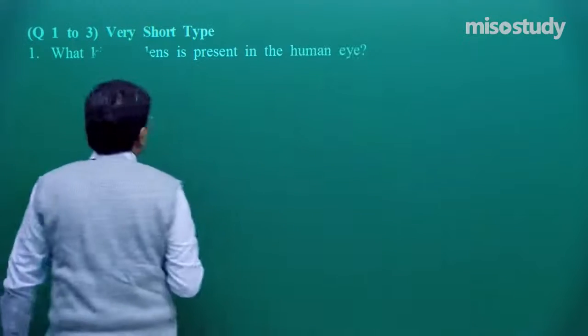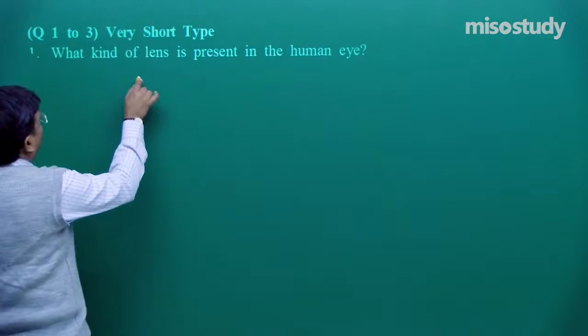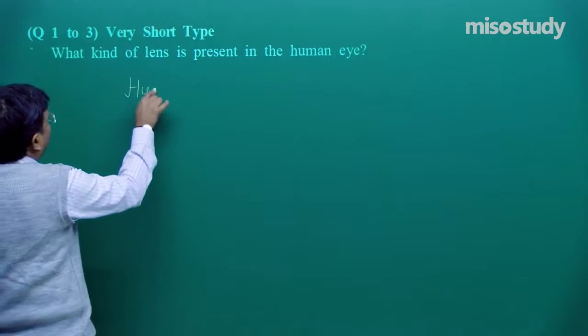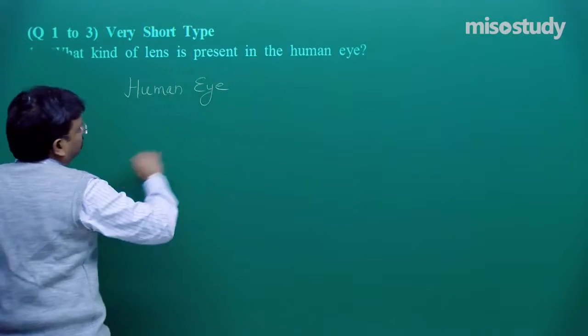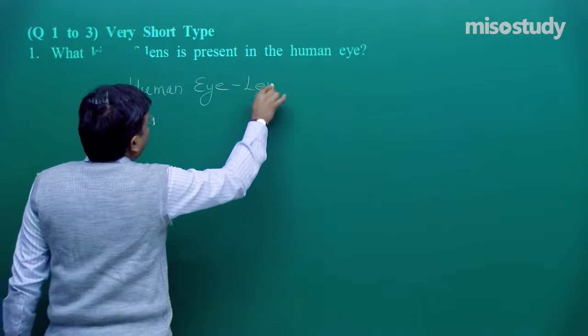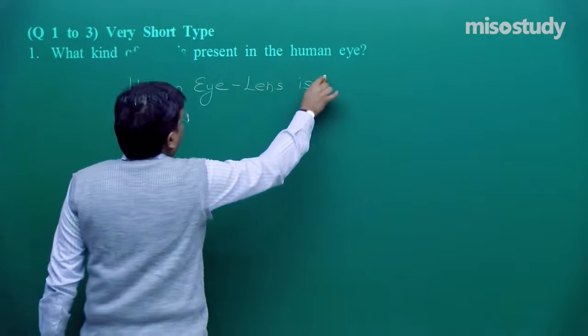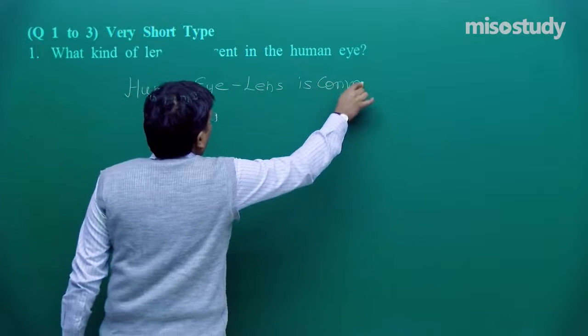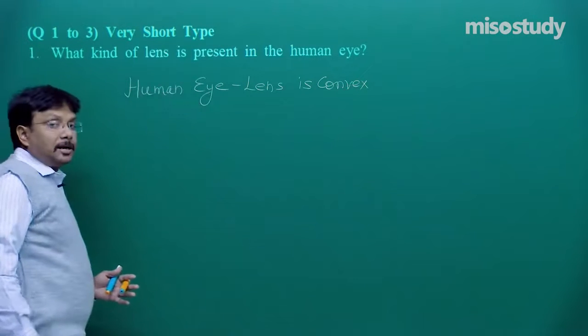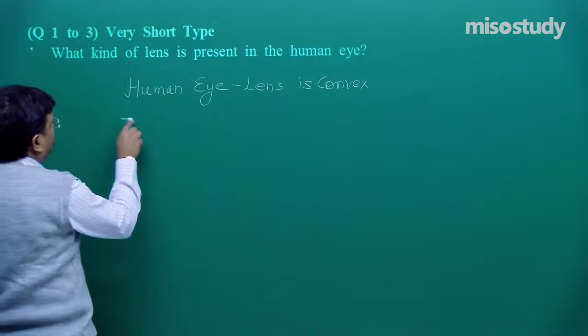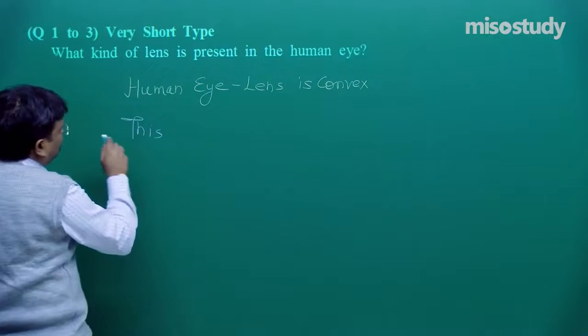So, the human eye lens is convex, and there is one property associated with this convex lens. This is an extra piece of information.